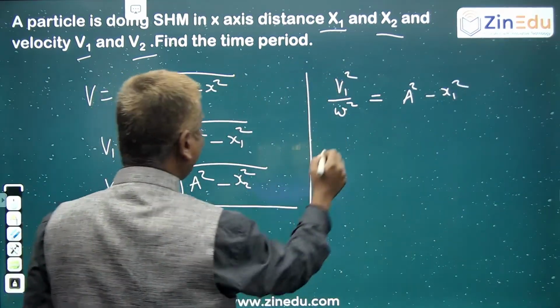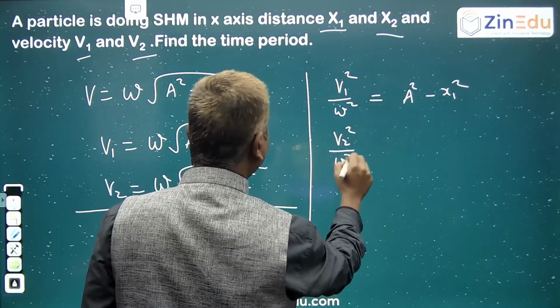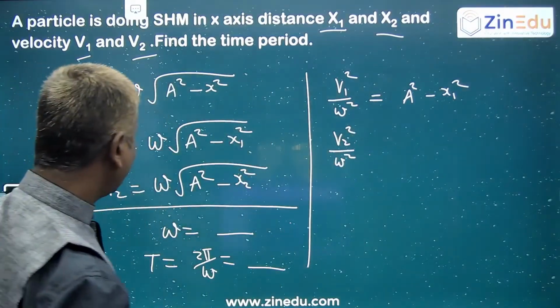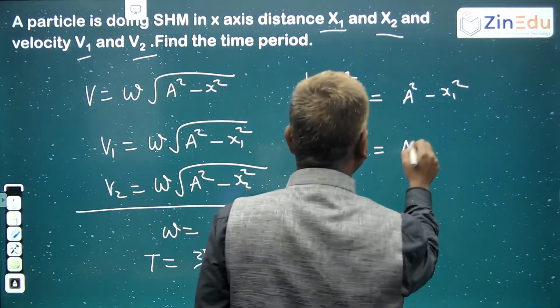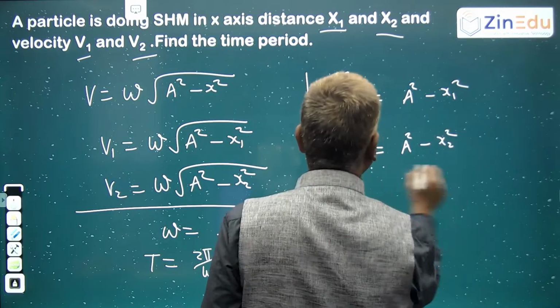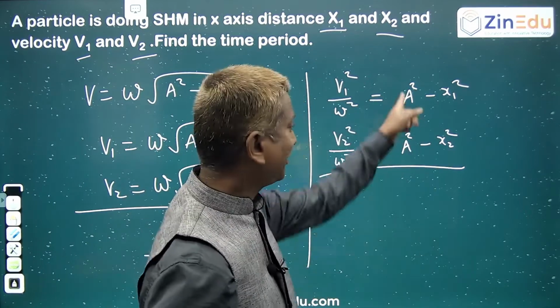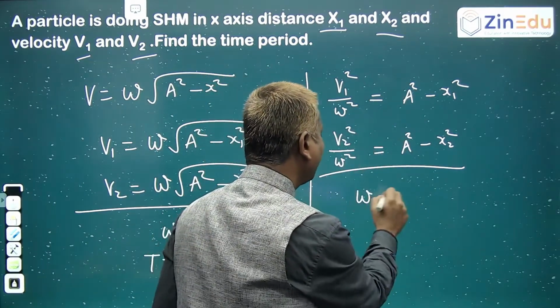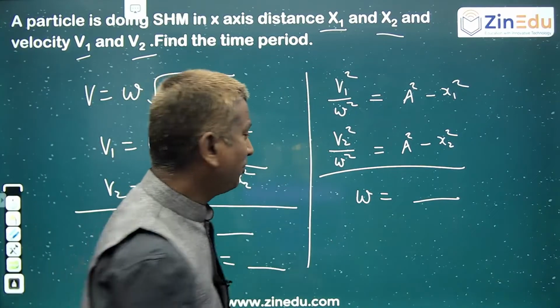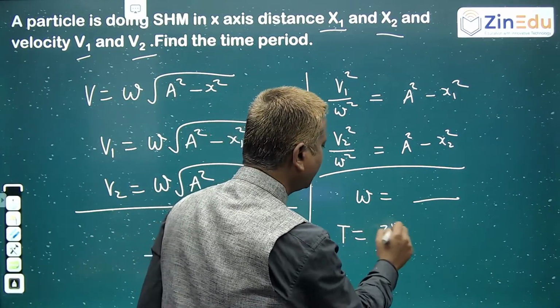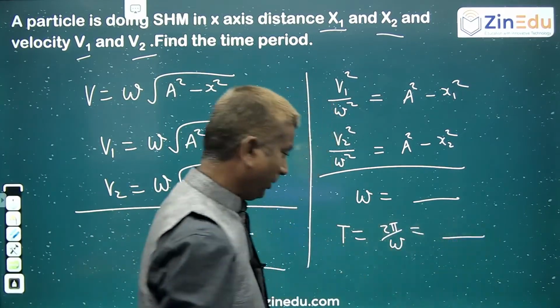Similarly, v2 square by omega square, so you are bringing omega over here, right, is equal to a square minus x2 square. If you want, you can subtract these two so that a is getting cancelled and directly get the value for omega. Once you get the value for omega, you can always calculate the time period, which is equal to 2 pi by omega. Correct?